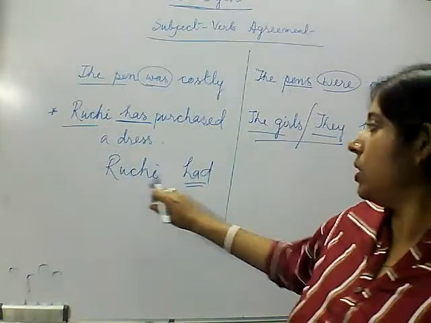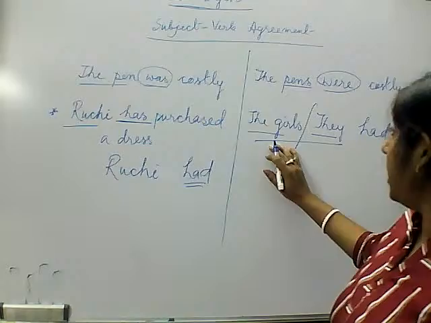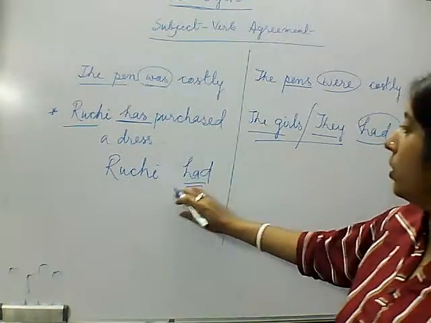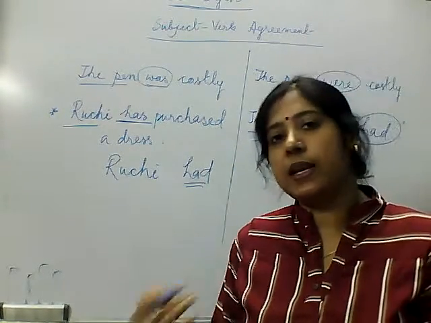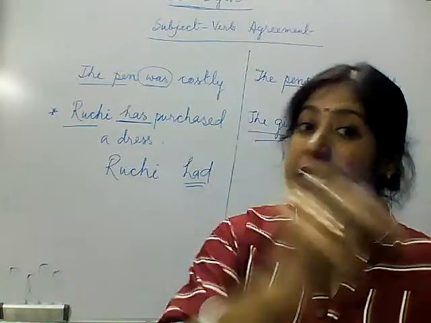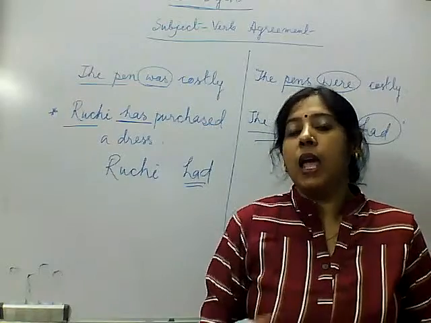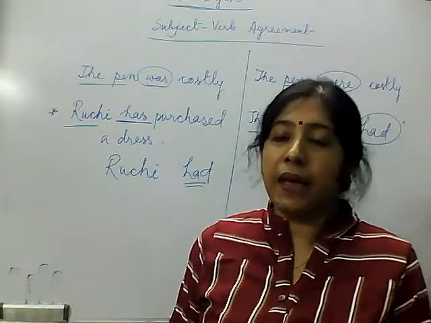Okay, with Ruchi also had, and in past tense, plural number, it also has had. In both the cases, it will remain the same. In singular also we are using had, plural also we are using had. But in present tense, we are using has in singular and have in plural.